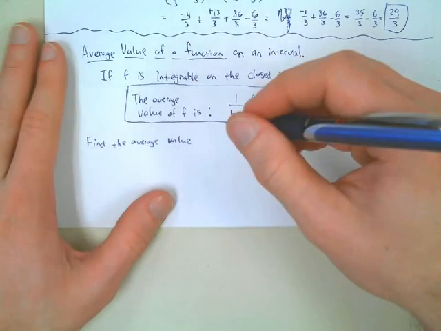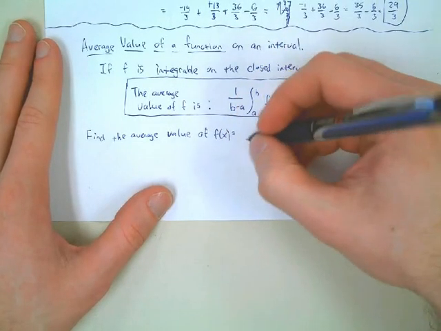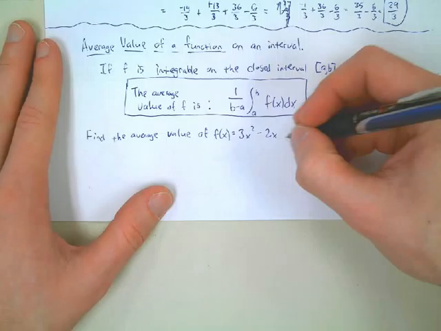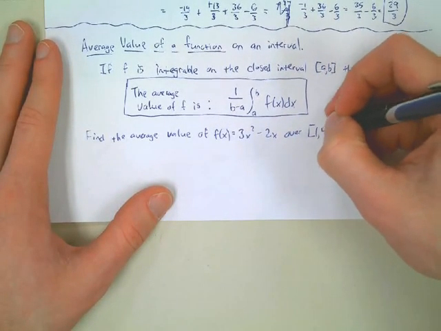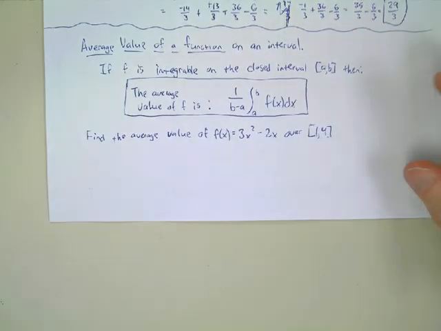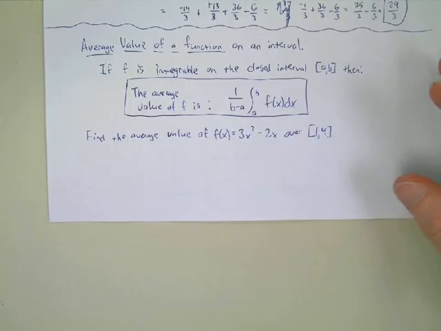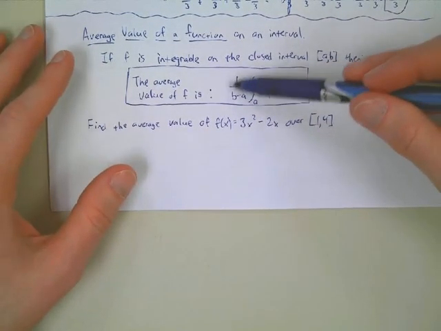Find the average value of f of x equal to, and we'll just stick with 3x squared minus 2x over the interval from 1 to 4. Okay, so according to our formula here, I need to have a coefficient of 1 over b minus a.